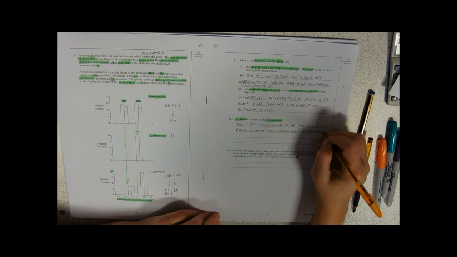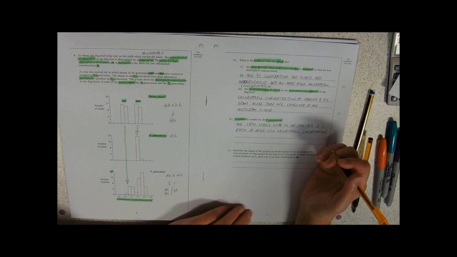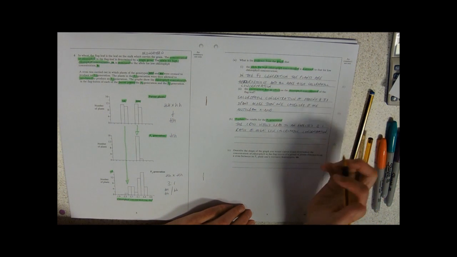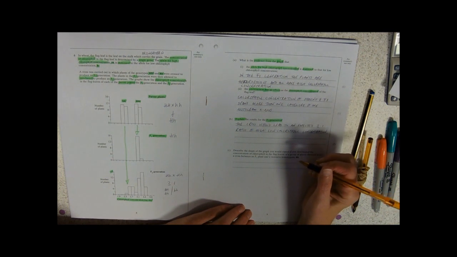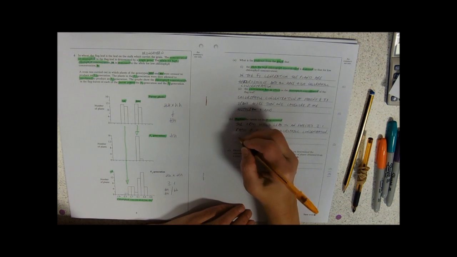And you wouldn't necessarily, I don't think in this case, because you've just been given lines to write on, be expected to carry out that cross. You could just jump straight to it. You are expected to know these very common ratios. You could put as two heterozygotes have been crossed.